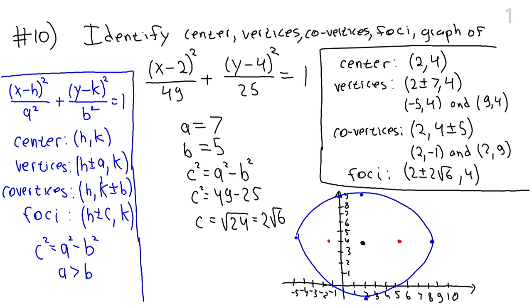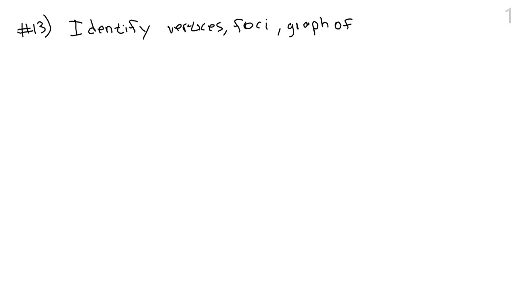For our last problem for this part of the review, we're going to identify and sketch a hyperbola. So we are asked in number 13 to identify the vertices, foci, and graph of the following hyperbola.